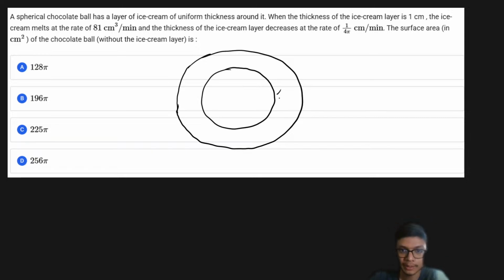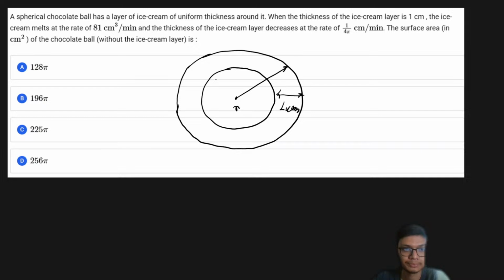When this particular thickness is given as 1 centimeter, you have to find the surface area and the radius. Let us assume this is the radius. We have to find the volume of this particular sphere, because we have to basically find the rate of change of volume of the ice cream with respect to time.